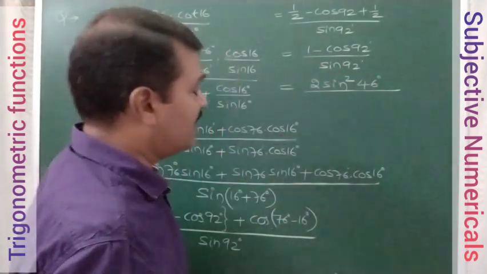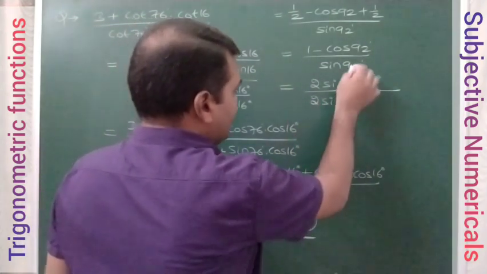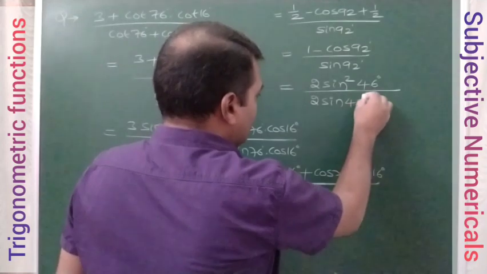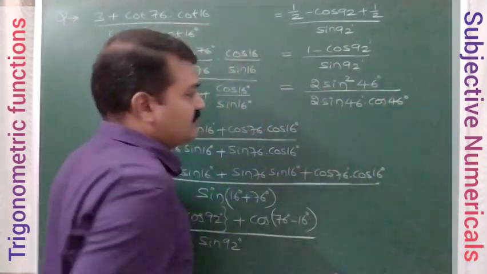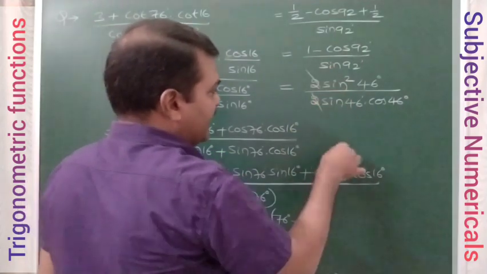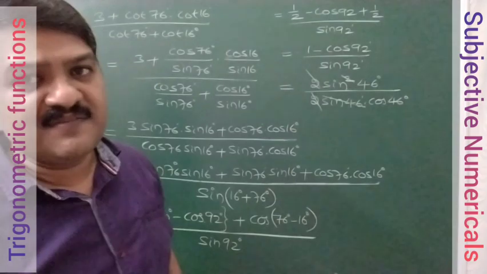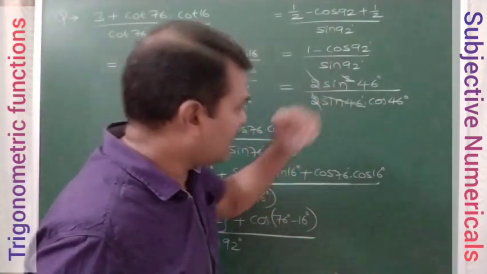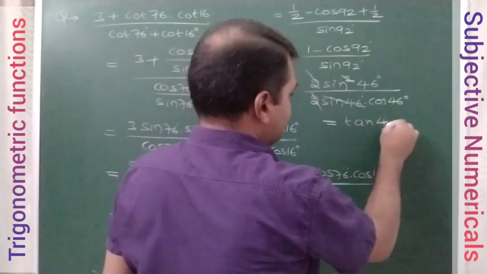So sine 92 can be written as 2 sine 92 by 2 into cos 92 by 2. So this 2 we can cancel, sine 46 and square cancel. So what is left now? Sine 46 by cos 46 is left, which is tan 46.